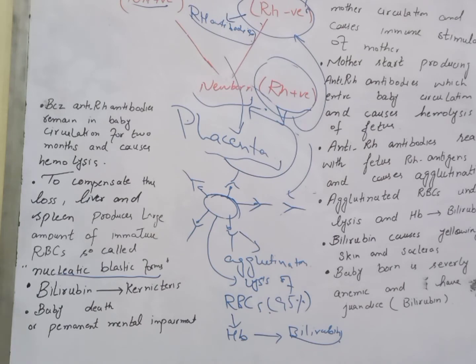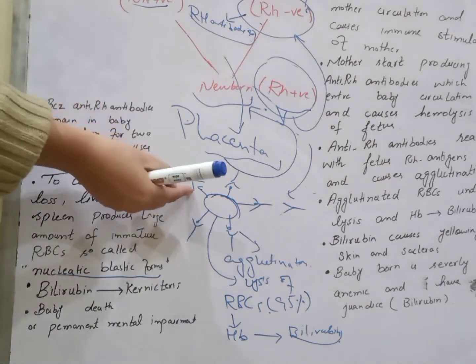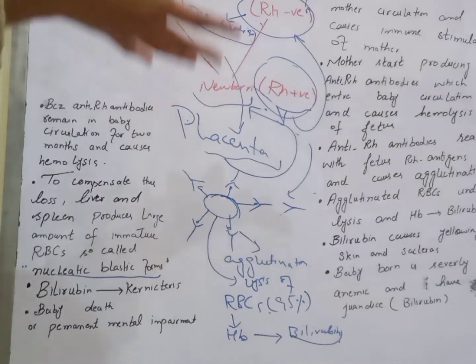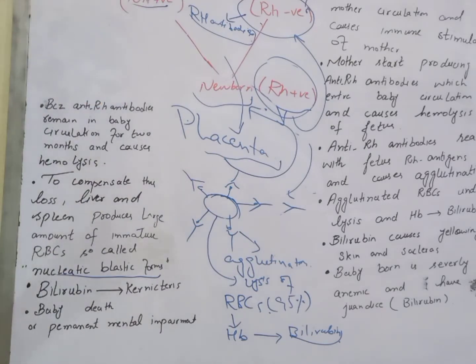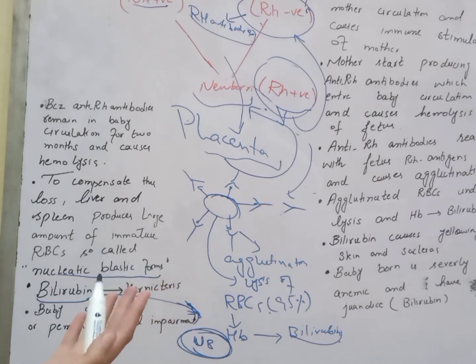We know that there is continuous lysis of the RBCs. So the bilirubin released will accumulate in the brain, because it will be unconjugated bilirubin, produced in large amounts, so the liver is unable to conjugate the bilirubin.